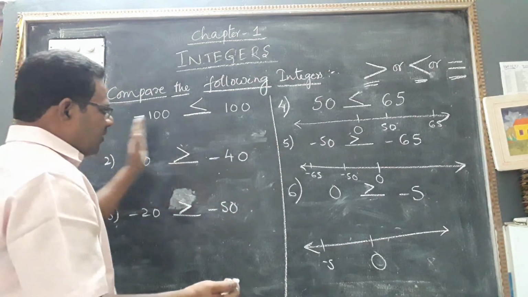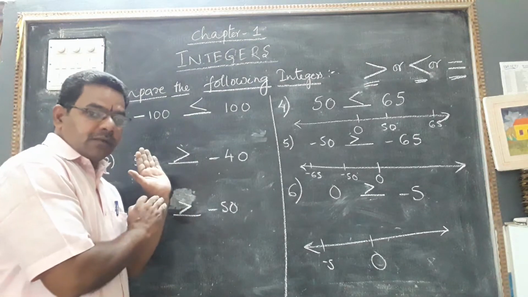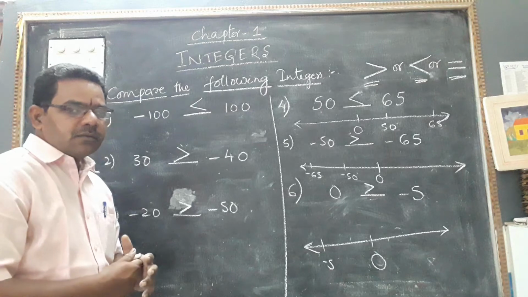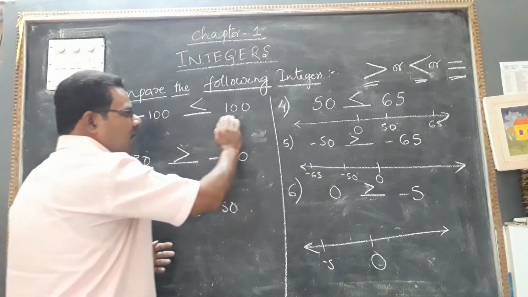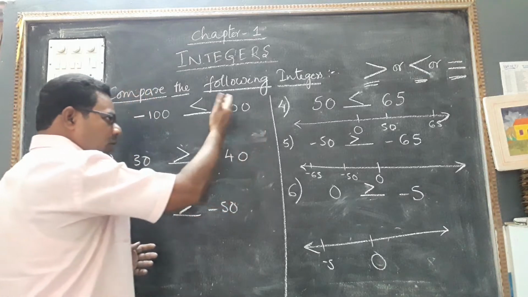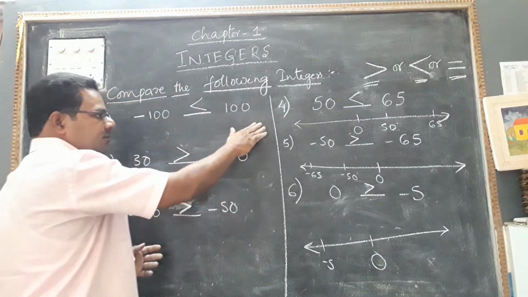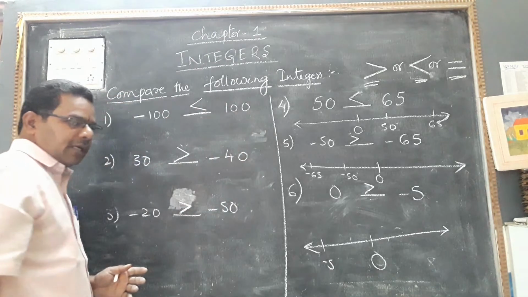Negative numbers are on the left hand side of 0 on the number line, and all the positive numbers are on the right hand side of 0. That's why all the positive numbers are bigger and these are smaller. So directly we can write minus 100 is less than plus 100.